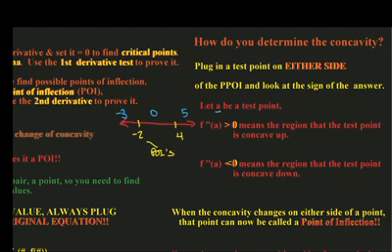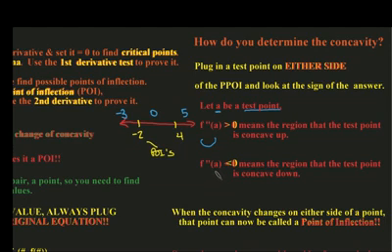Okay, so I'm letting A be my test point. And when I plug in, this means plug in A into your second derivative. If it's greater than 0, it's concave up. The easy way to remember this is, what do positive people do? They always smile. So smiling is the same as that concave up.